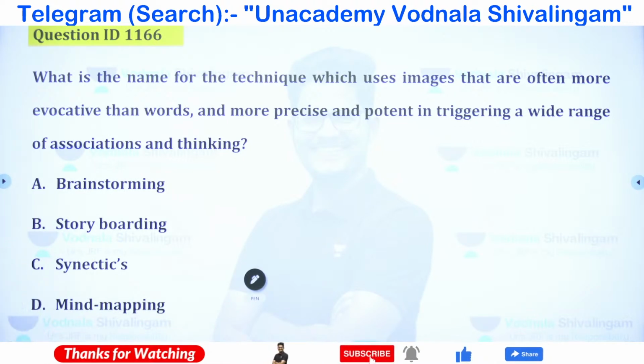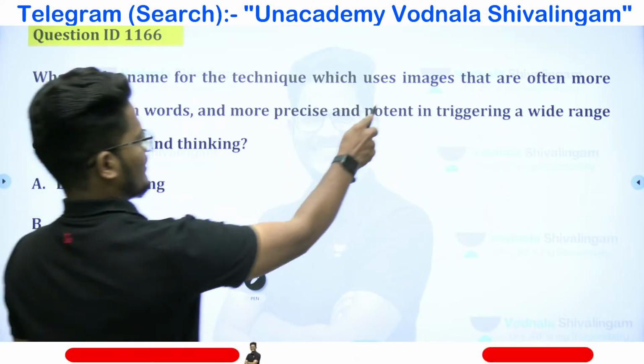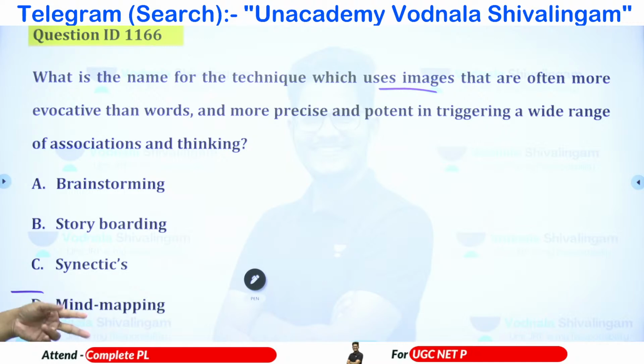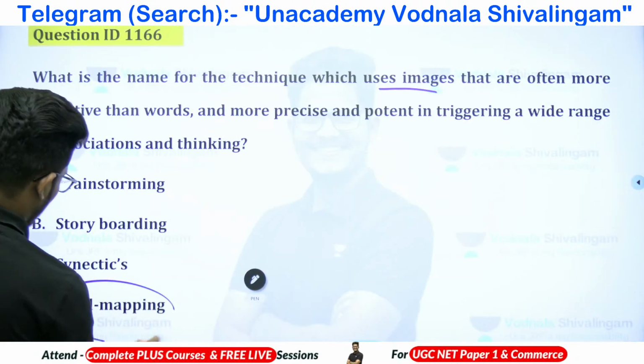What is the name for the technique that uses images that are often more evocative than words, more precise and potent in triggering a wide range of association and thinking? That is option D, which is mind mapping.